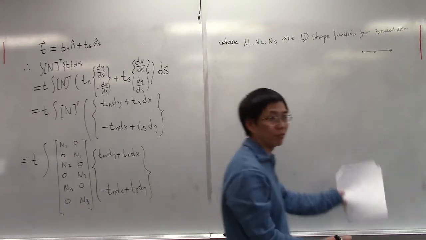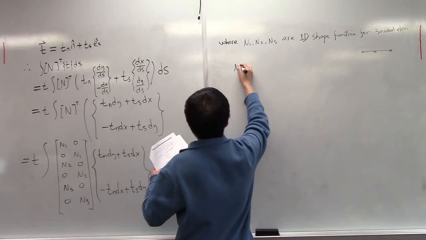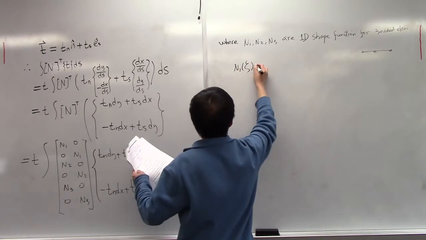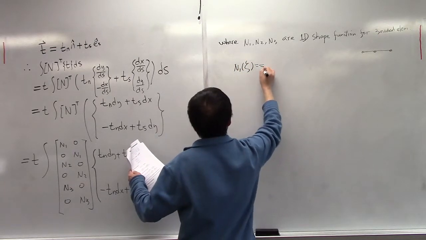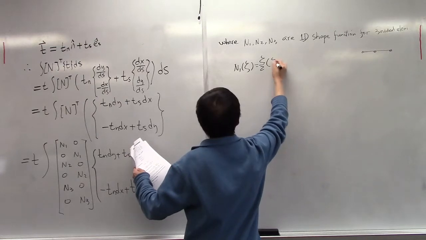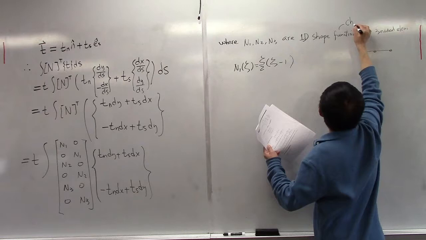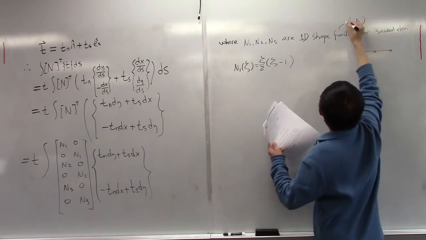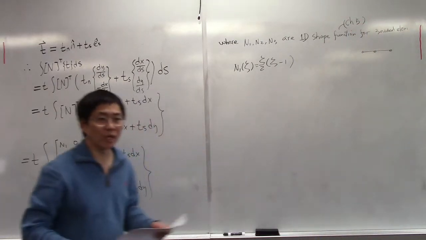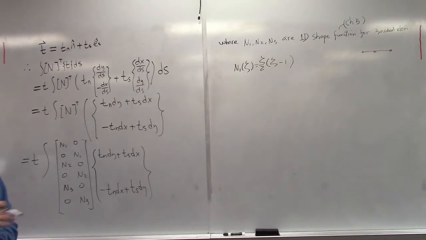Like that, we have a 3-node, and N1 is a function of xi, then it is half xi times xi minus 1. This is actually from chapter 5. Okay, we talk about this 1D element because now we are integrating on the surface of a 2D element, which is a line integration.